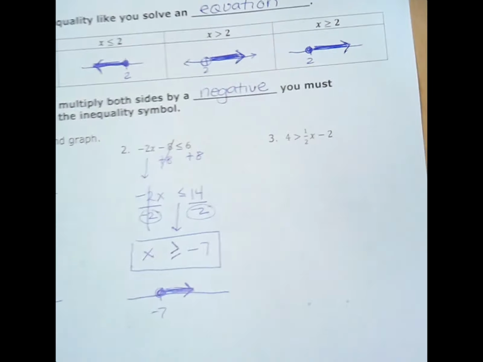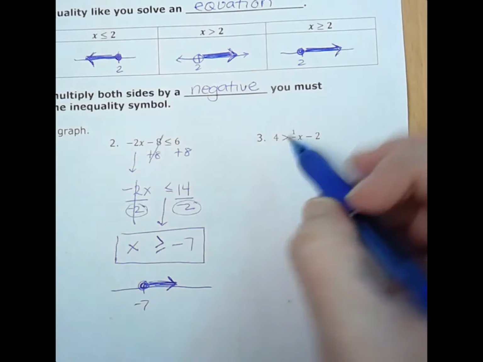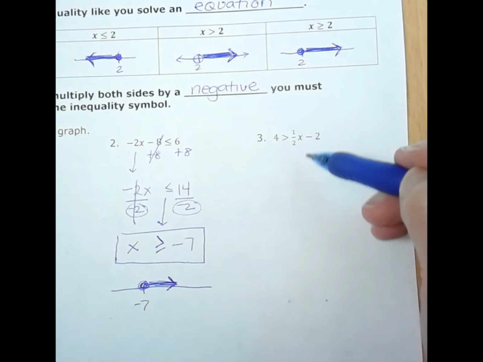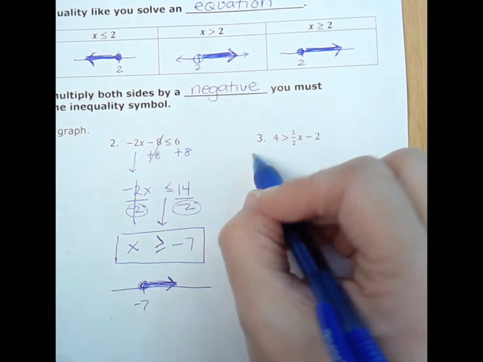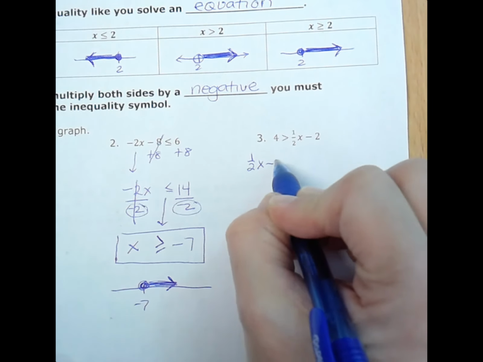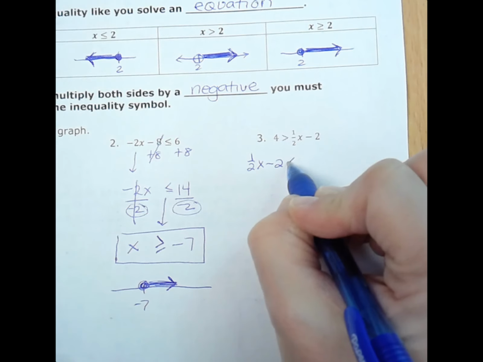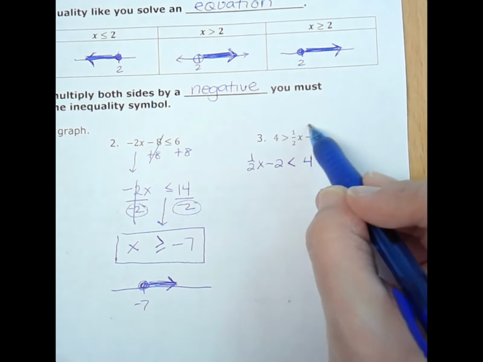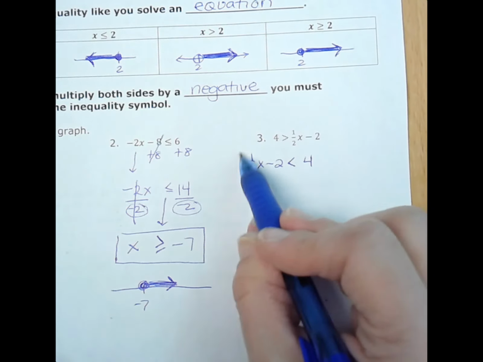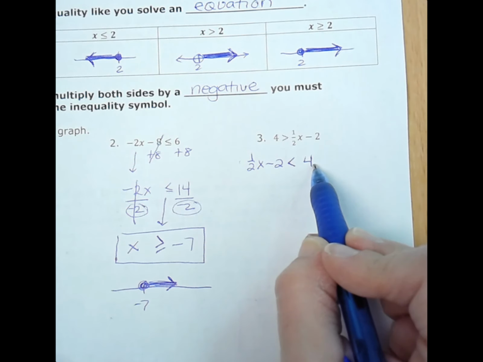Okay, one last one. Remember, if the variable is on the right side, it might be a good idea to rewrite this. Remember, if you rewrite it, we need to reverse the sign because 4 is bigger than all of this. So that means 1/2 x minus 2 is less than 4.